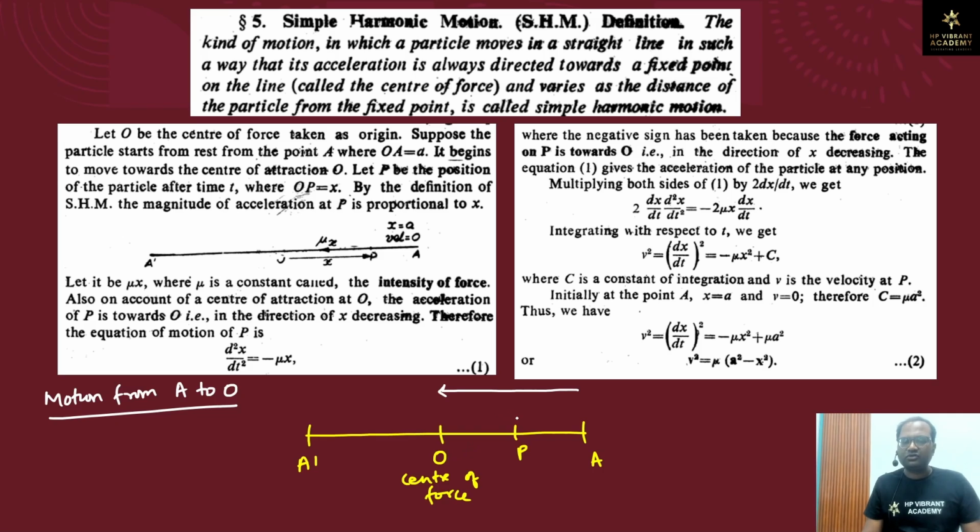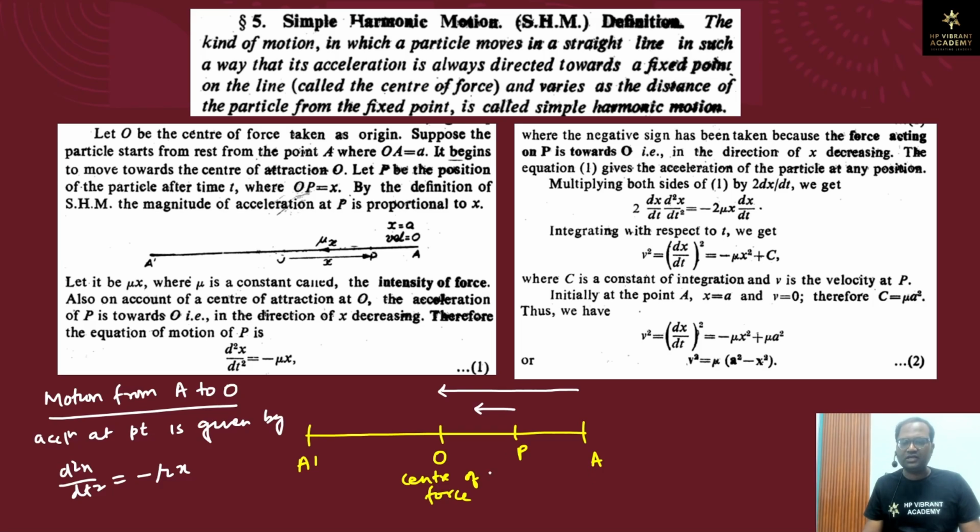What will be the acceleration at point P? By definition, the acceleration at point P is always directed toward the center of force. So in this direction, the acceleration is directed by the definition of simple harmonic motion. The acceleration at point P is given by d2x upon dt square is equal to minus mu x, and we are taking the negative sign here because the acceleration is in the direction of x decreasing.